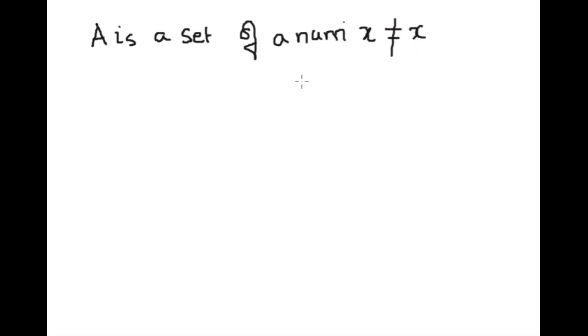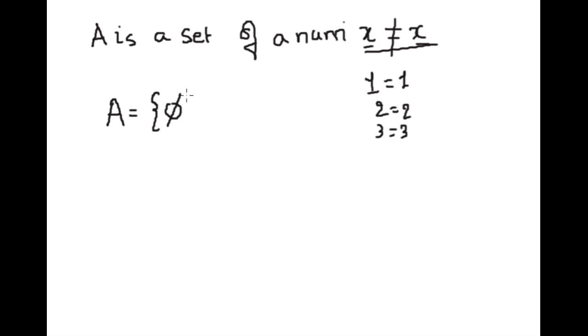Is it possible a number is not equal to its own number? 1 is equal to 1, 2 is equal to 2, and 3 is equal to 3. So it is not at all possible that a number is not equal to its own. So in this case we will represent this set like this. This is an example of null set.